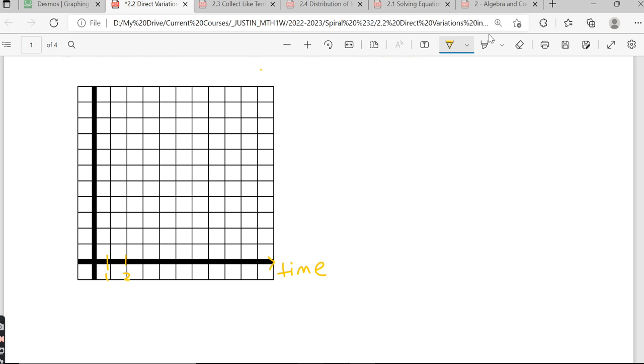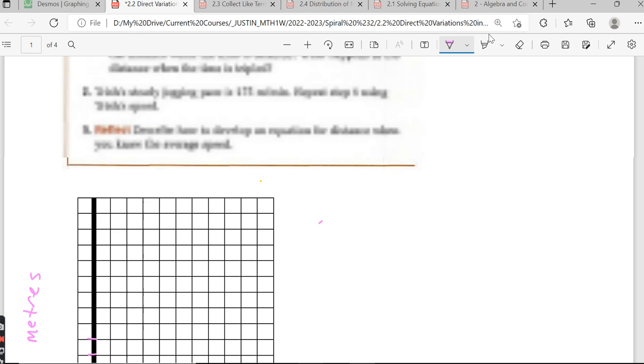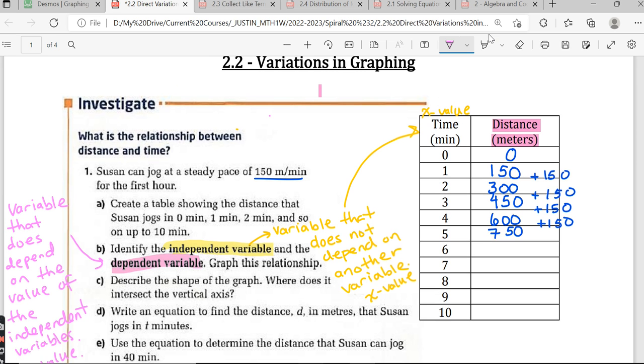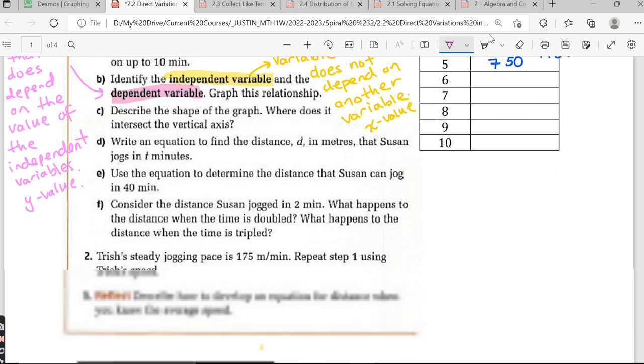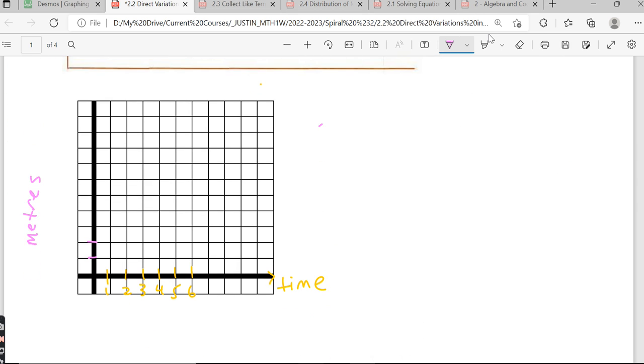So 1, 2, 3, 4, 5, 6. I'm just going to stop at 6. And then my dependent variable, which was meters. So dependent meters was the distance. So we got 0, 150, 300, 450, etc. So starting at 0, I'm just going to go 150, 300. So each box is going to represent 150 on the y-axis, 450, 600, 750, 900.